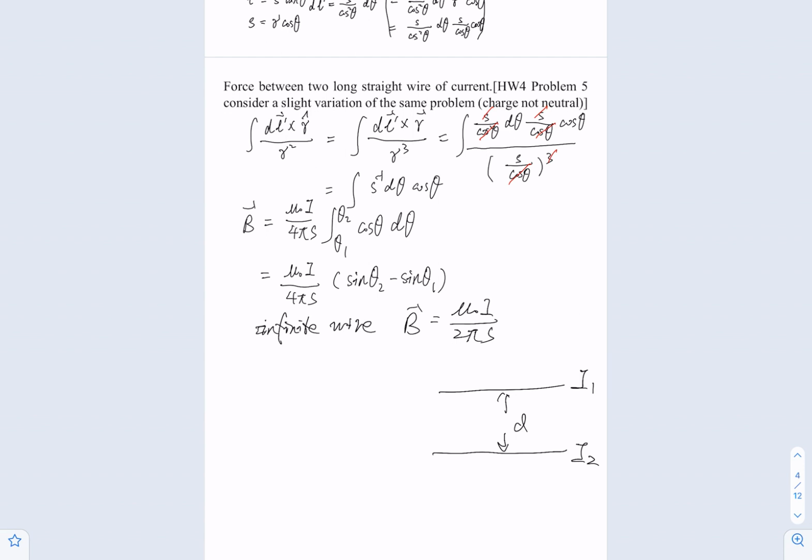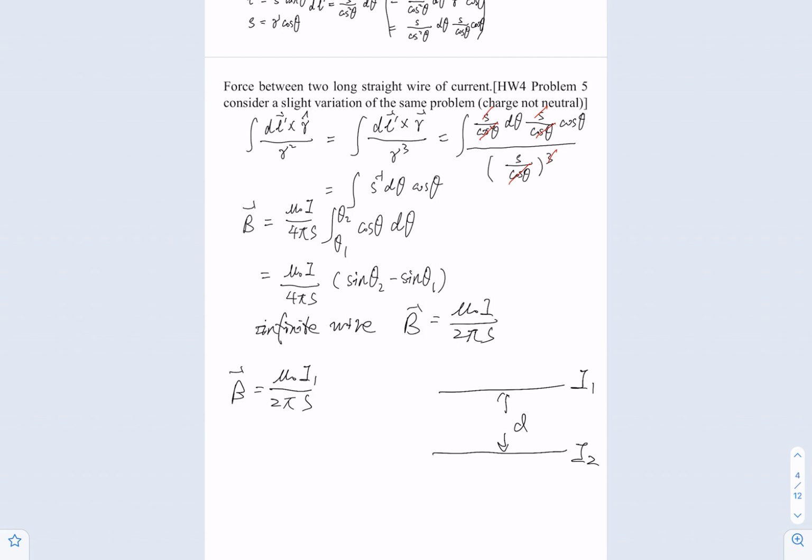In the two point charge problem, we first calculate the electric field by one of the charges. Here we do a similar thing: we first ignore one of the currents, say I2, and find the B field generated by the I1 current, which is mu naught I1 over 2 pi s.